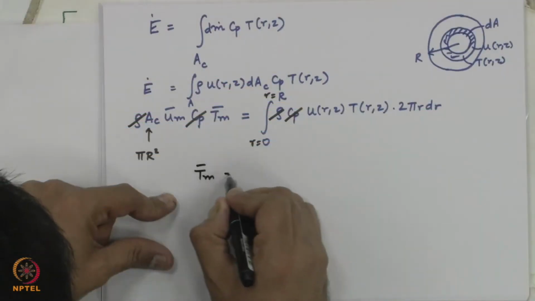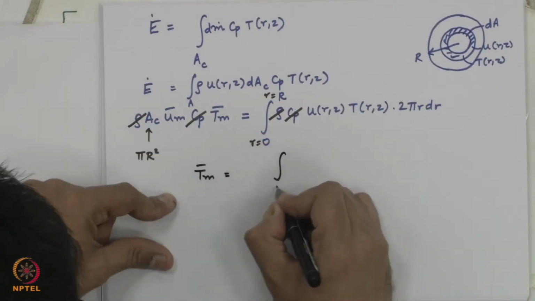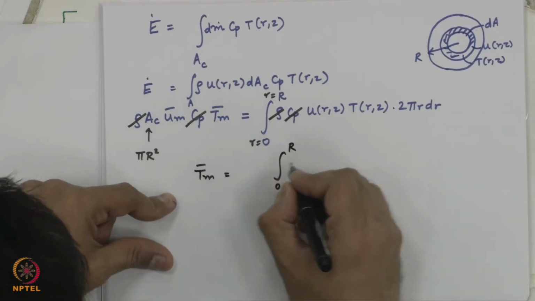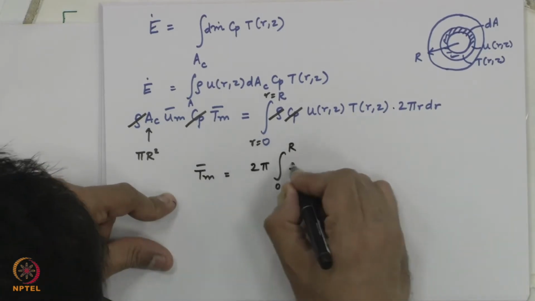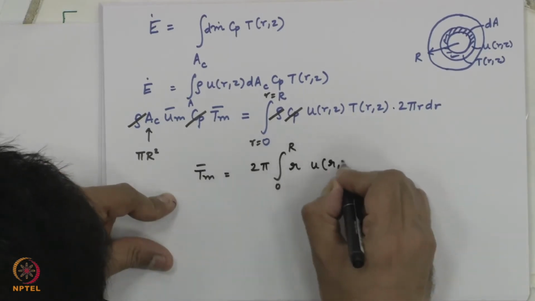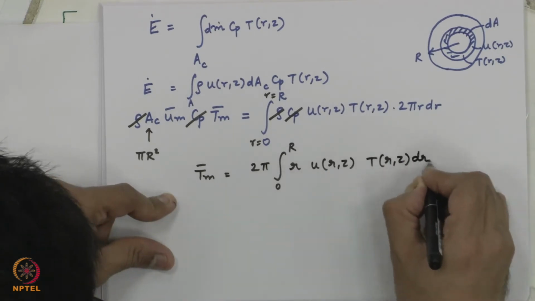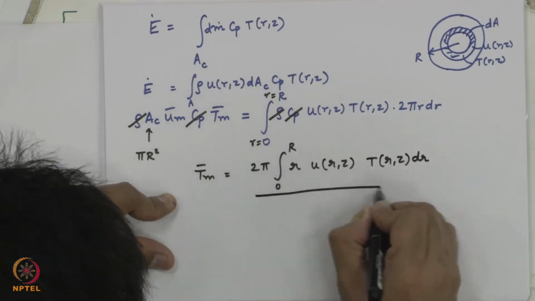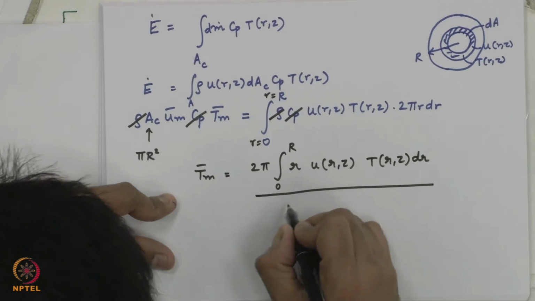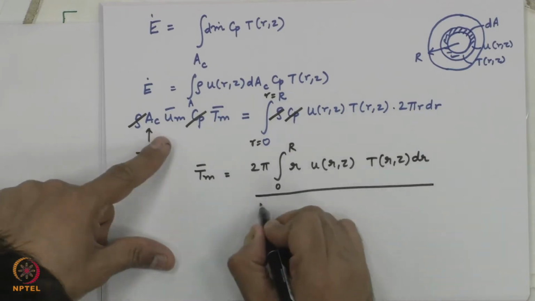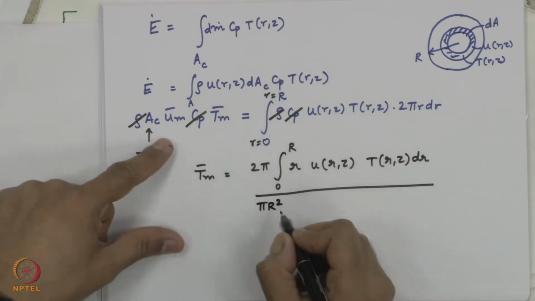So, I am going to write T bulk mean is equal to integral 0 to capital R, 2 pi comes out, R u of r comma z T of r comma z dr divided by A_c, pi capital R squared.